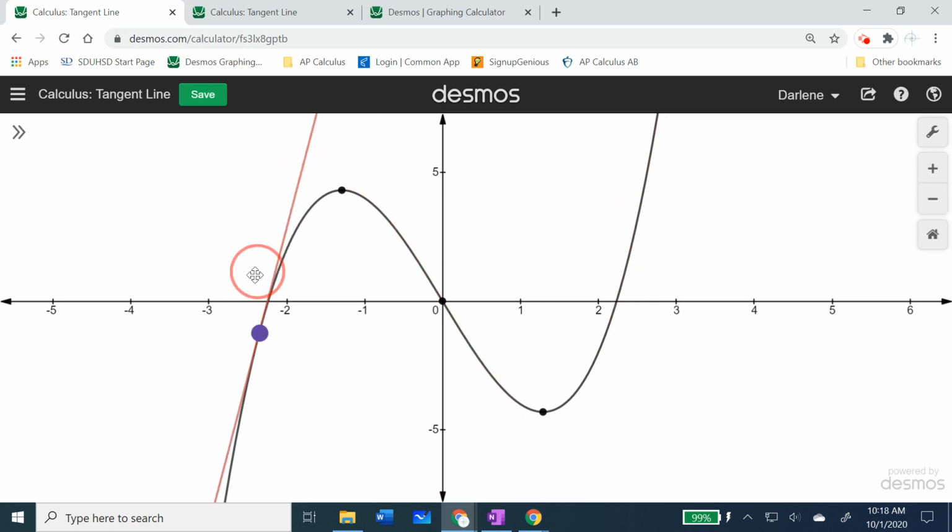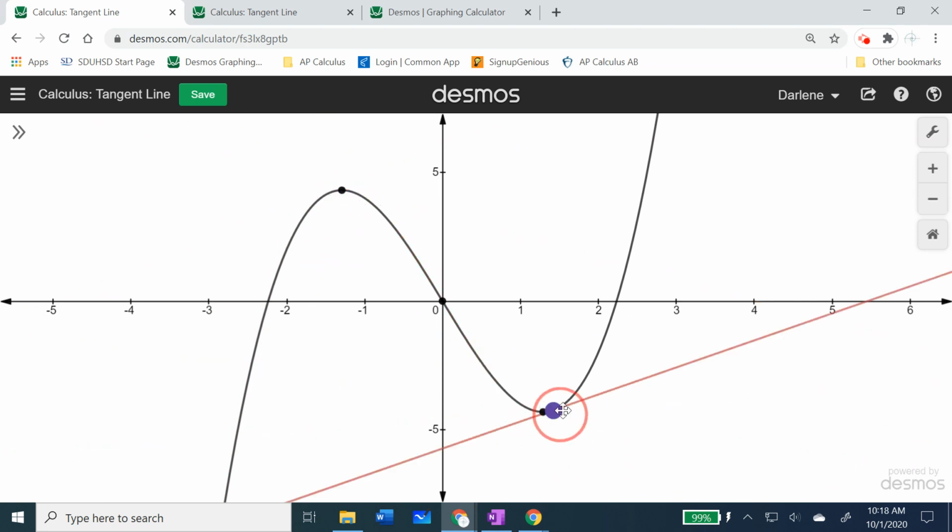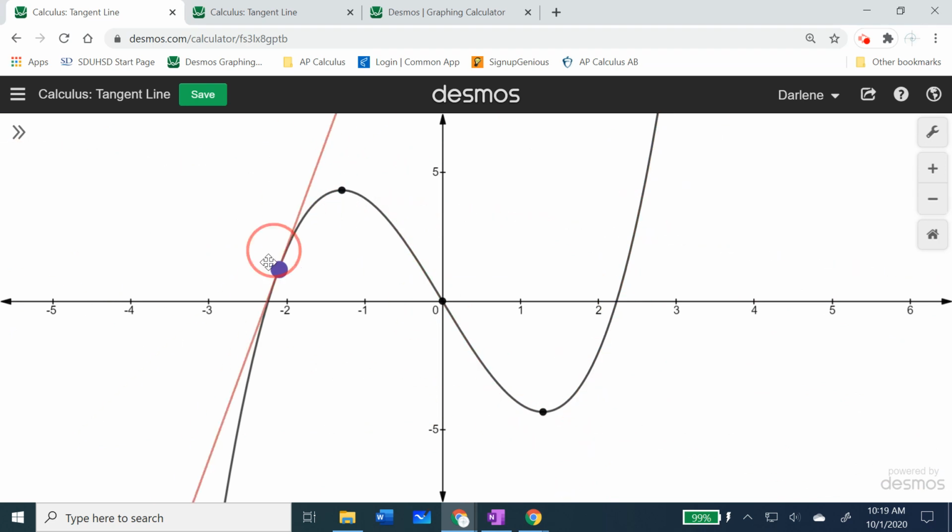Now, if I was just asking where is velocity increasing and decreasing, velocity is increasing when I have a positive slope. Velocity is decreasing when I have a negative slope. Velocity is increasing again here with this positive slope. But if I'm talking about speed, I'm looking more about, am I getting steeper or less steep?